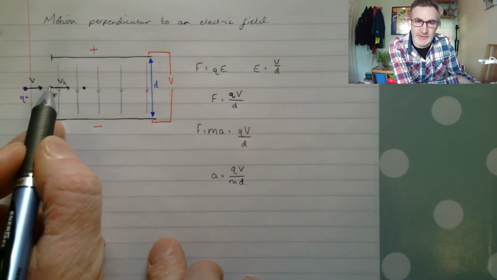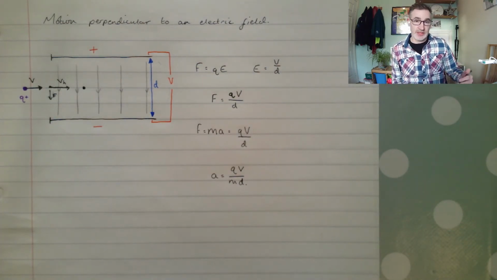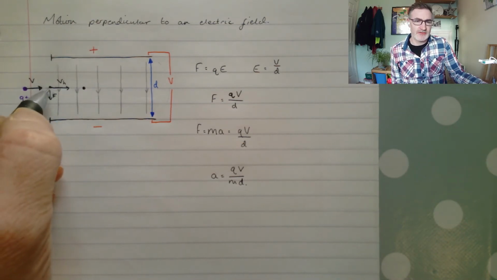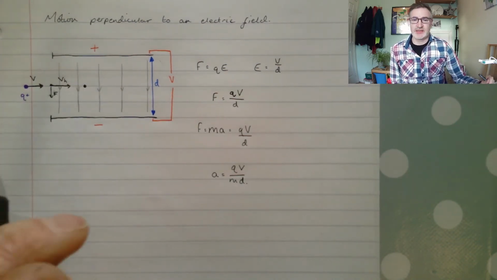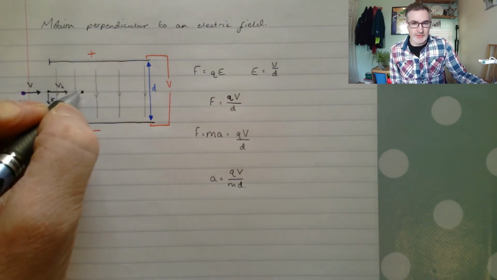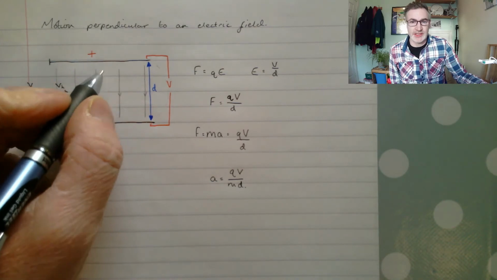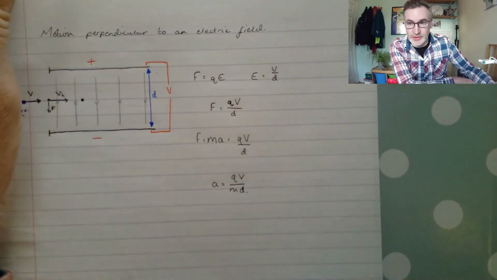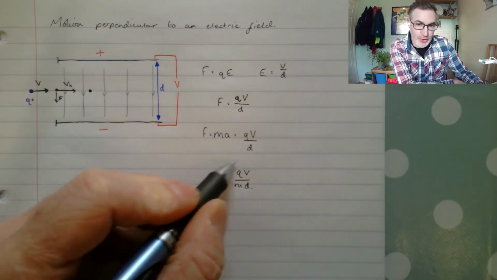It has its initial velocity, but there are no forces acting on it horizontally, and therefore it's not going to accelerate horizontally. So we have constant horizontal motion and a constant force applied to it, and this is exactly the same as projectile motion. Constant horizontal velocity, constant downwards acceleration, or it could be upwards acceleration. The acceleration can be found by that, but it will just be a projectile problem from this point onwards.